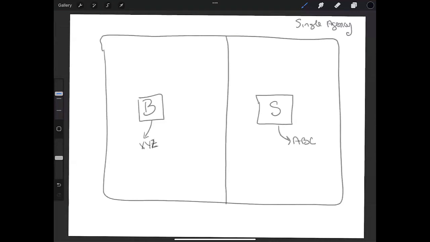And of course, the company has X1 and X2. These are all agents that work for the company. Now, the truth is, maybe it's only X1 that is communicating. It's just an agent in the office that's communicating with the buyer. But the broker was XYZ and X1 is talking to them.